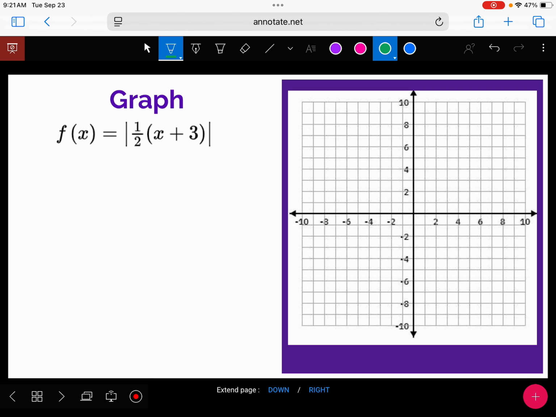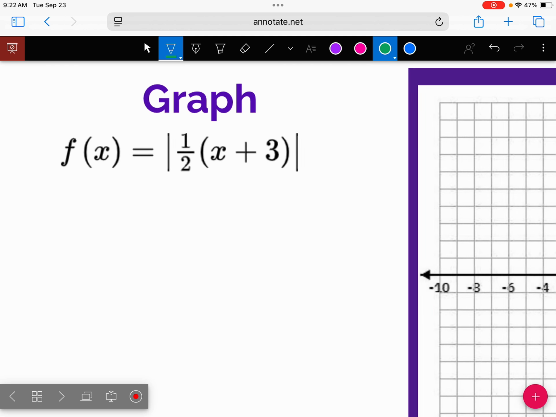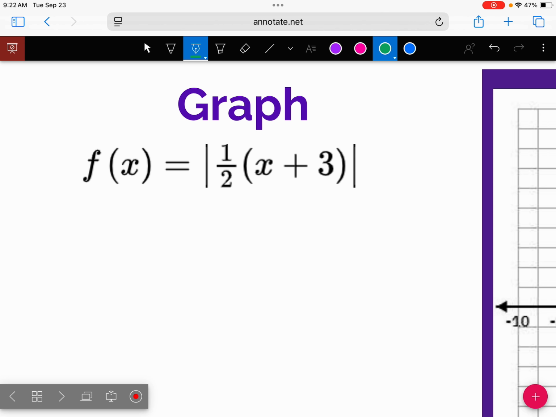So now we're going to work with one of those b's. We have another absolute value here.